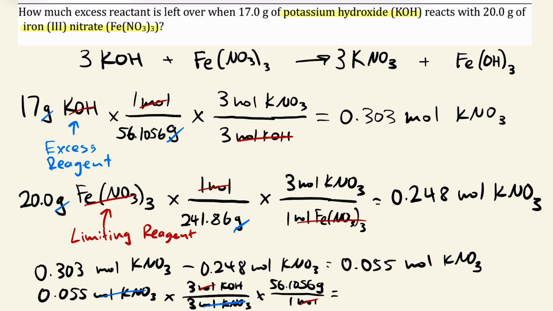And you are left with your final answer of 3.09 grams of KOH. So this final answer is telling you how much KOH is left over after the reaction ends.